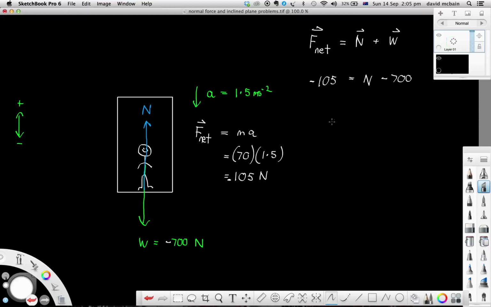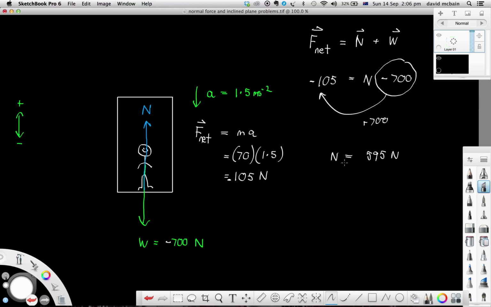Therefore, if I move this value to the other side of the equation by adding it to both sides, then I end up with the normal force is equal to 595 newtons.